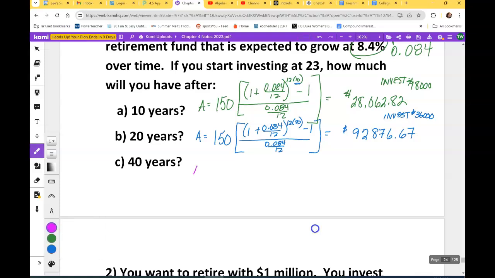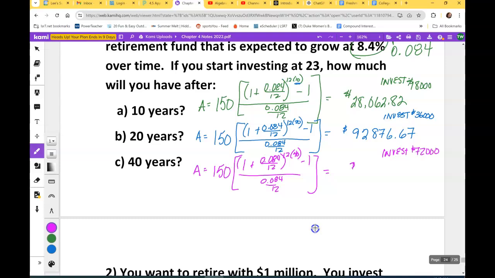If I did the same thing but with 40, I have 1 plus 0.084 over 12, all of that to the 12 times 40 minus 1. Then I would have invested $72,000 over 40 years.